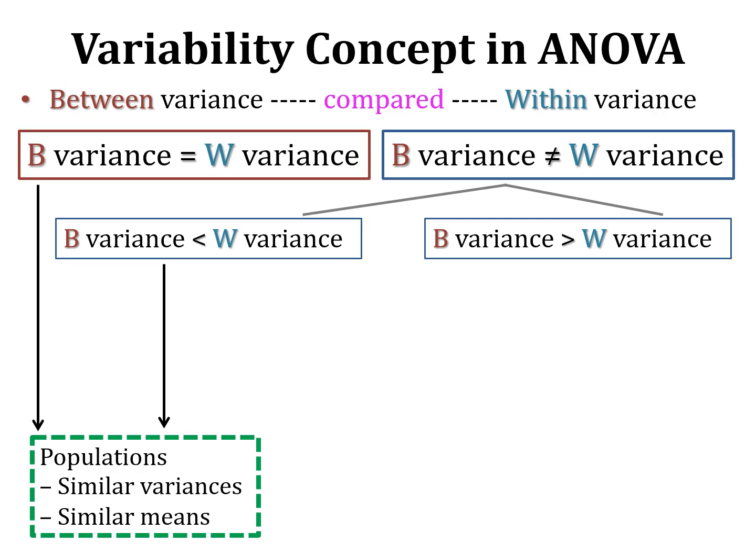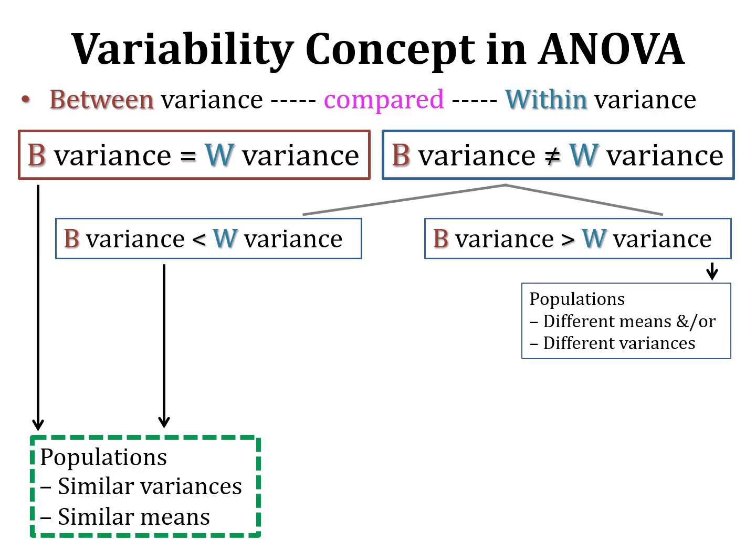The second situation is when the between variance is greater than within variance. What is the situation in that case? It means that the populations have different means and or different variances, right?